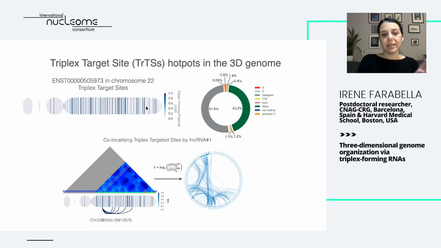So we selected only interactions that involve two pairs of triplex target site hotspots that show a significant frequency of contact in the Hi-C experiment.